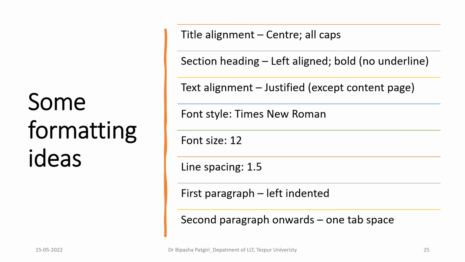Font size should be 12, line spacing should be 1.5, and the first paragraph left indented, second paragraph onwards within a section one tab space from the left indentation. These are some of the basic formatting ideas you should always pay attention to before you submit your document.